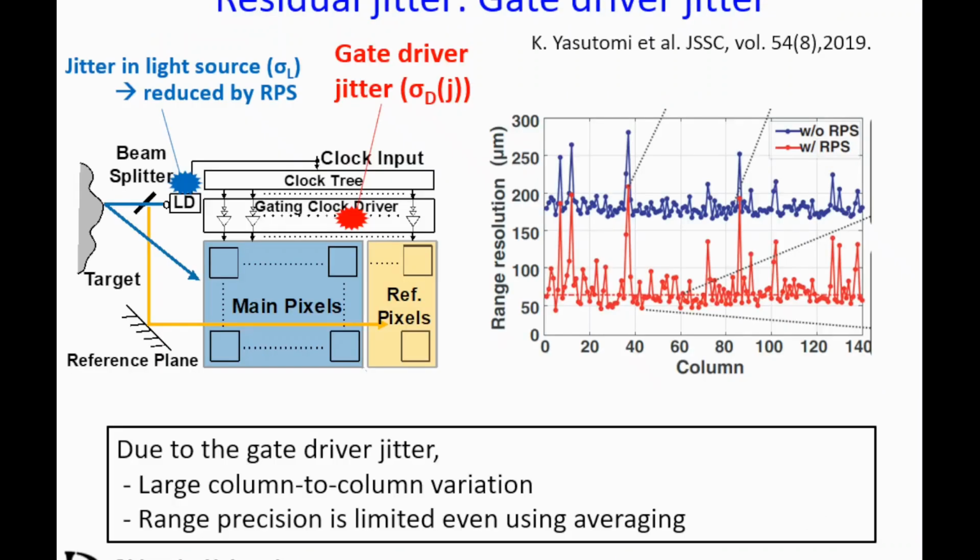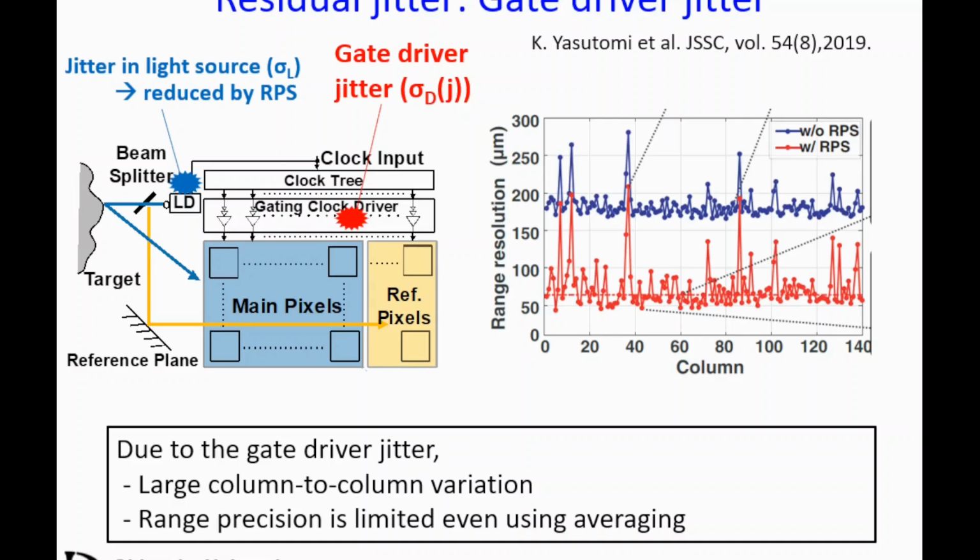But we have a remaining jitter, which is the gate driver jitter, and due to this gate driver jitter, the range precision has a large column-to-column variation like this. The vertical axis is range precision and the horizontal axis is column. There is a large variation from column to column.